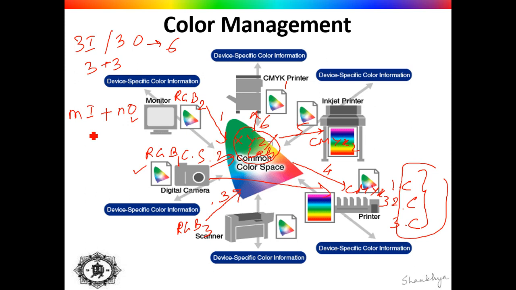So we'll get digital images from all 3 input devices, and we will have what is essentially known as the input color spaces. So we'll get RGB data from all these input devices, right?